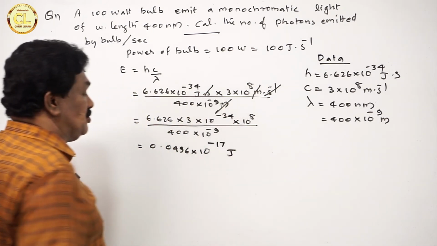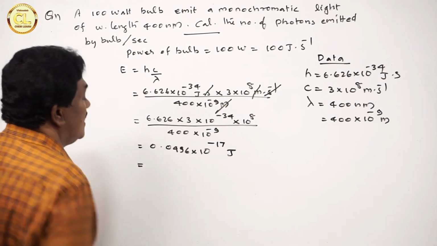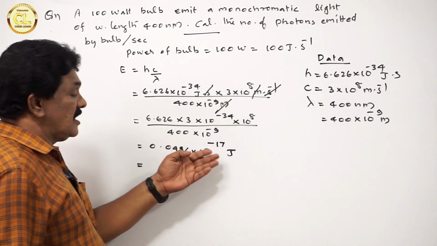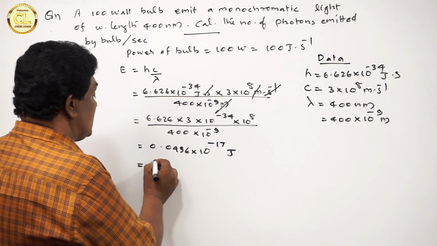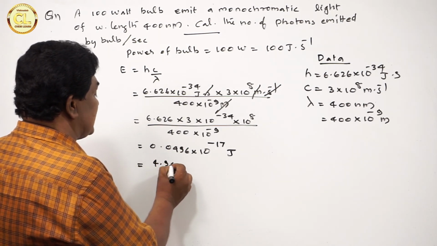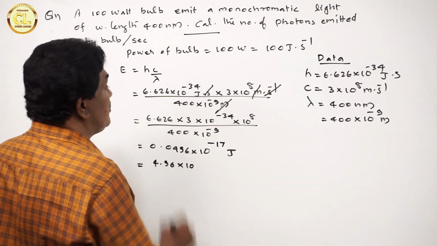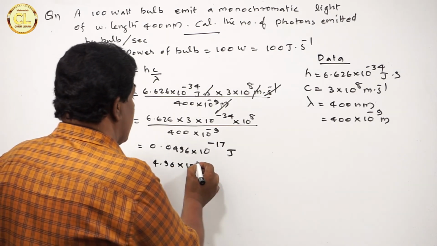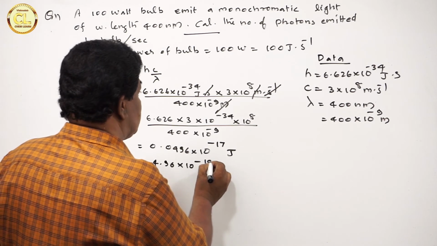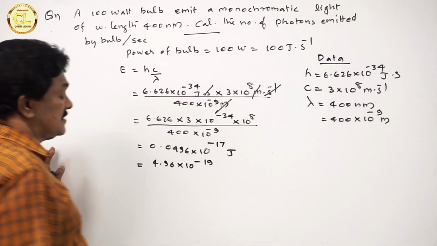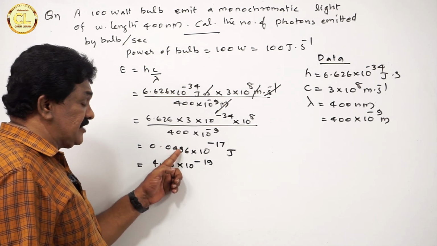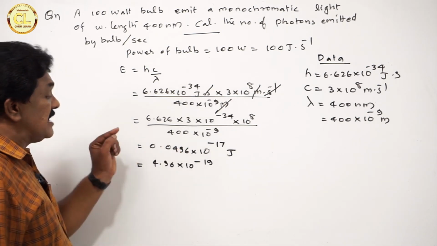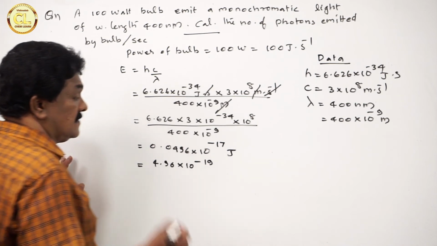Remaining unit is joule. Expressing this value in scientific notation, it's given as 4.96 into 10 to the power minus 19. We are displacing the decimal point after 4 by multiplying with 10 square.